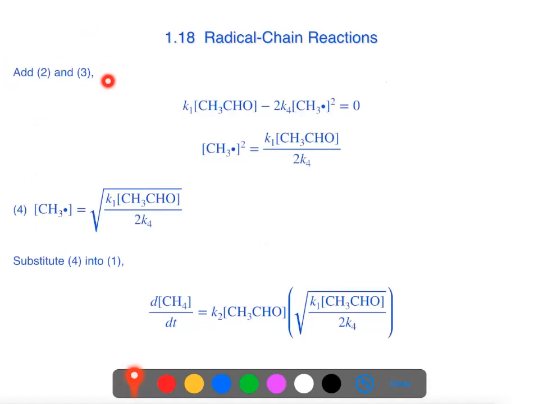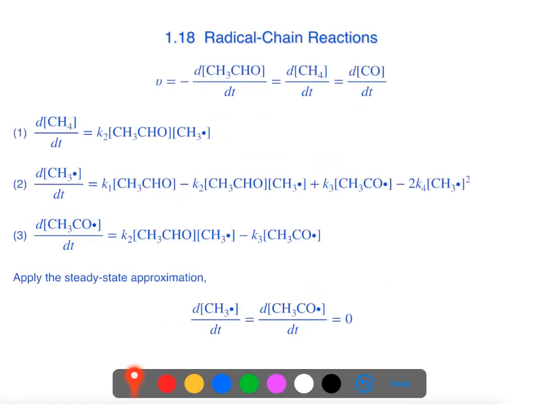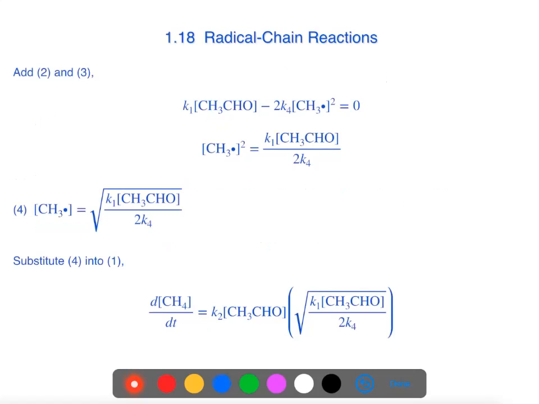So if we add expressions 2 and 3 together, we get simplification to the following expression. And again, that's shown here where these 2 terms are equivalent but of opposite sign. And so we're left with these 2 terms equal to 0. And that's shown here.